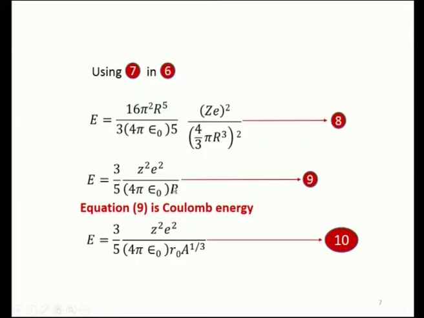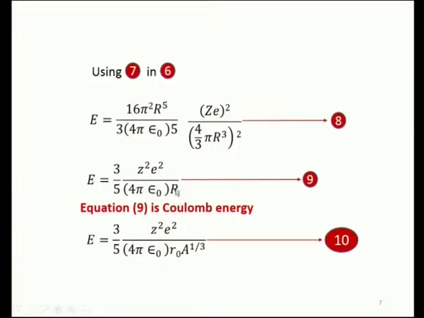Now, R: we already saw in the Weizsäcker formula, under the liquid drop model, that the radius is proportional to A power 1 by 3, or R is equal to R naught A power 1 by 3. Therefore, instead of the nuclear radius R, we substitute R naught A power 1 by 3. What is this R naught?